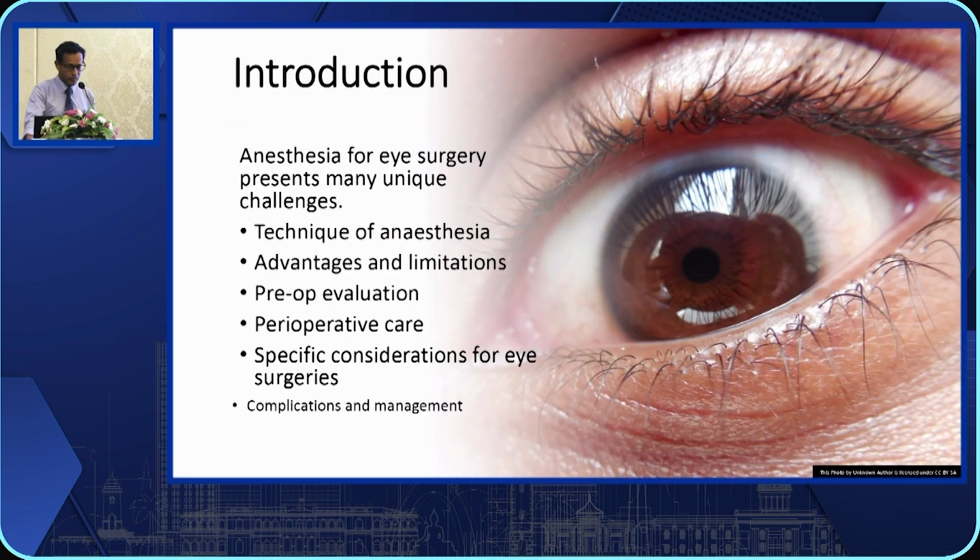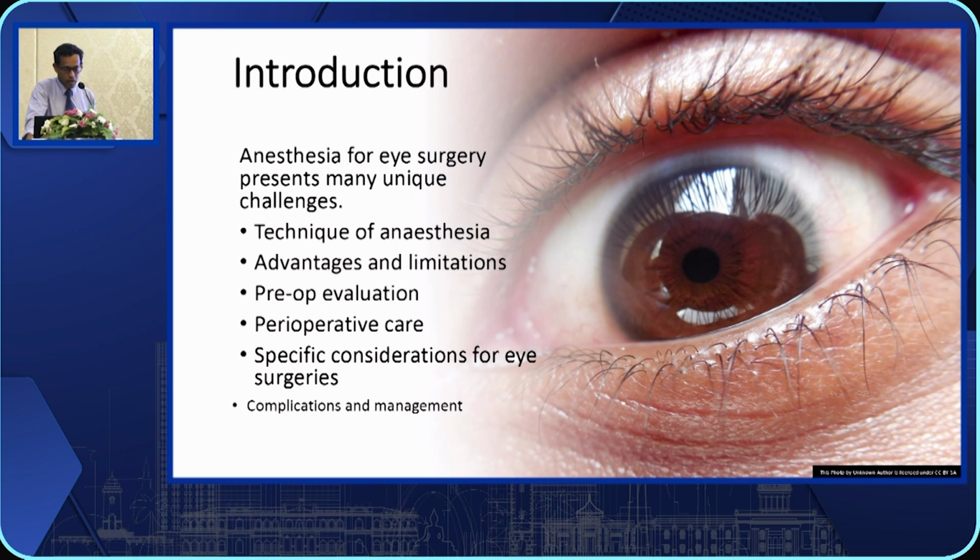Anesthesia for eye surgery is a unique challenge. It's totally different from other anesthetic practice. I have been doing ophthalmic anesthesia for a long time, so it's not a new area to me. The techniques we use are topical anesthesia, local infiltration, and regional blocks.